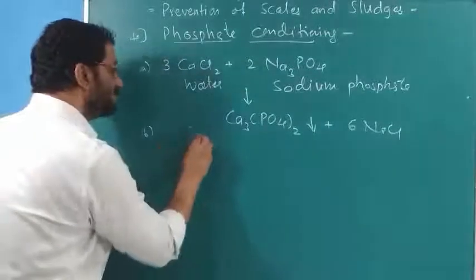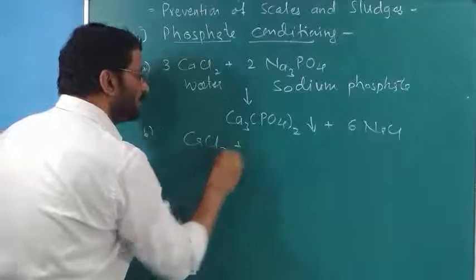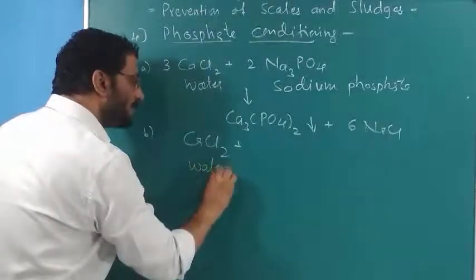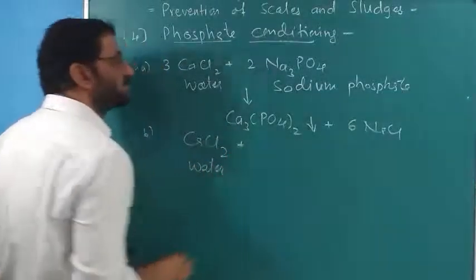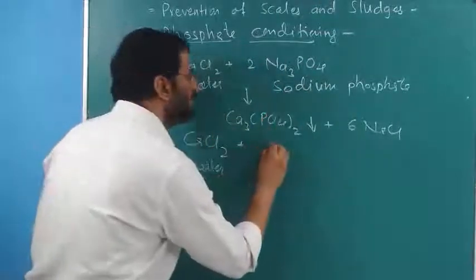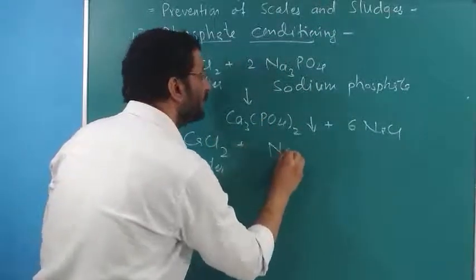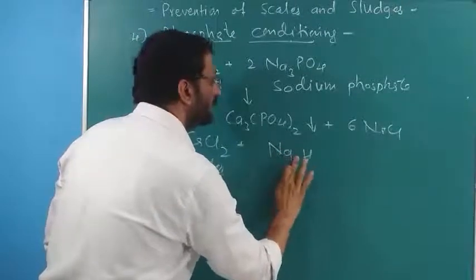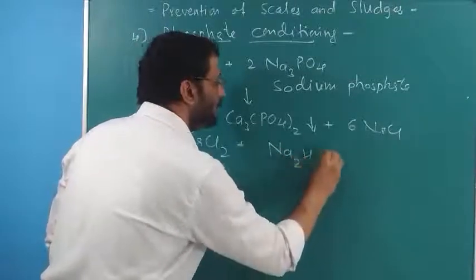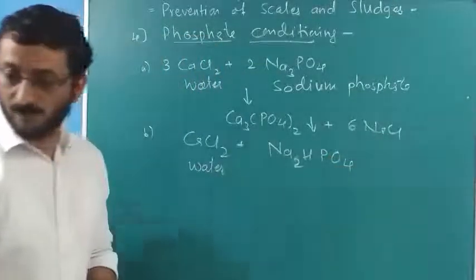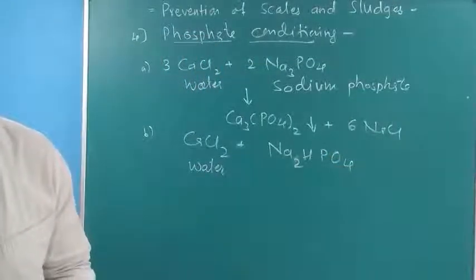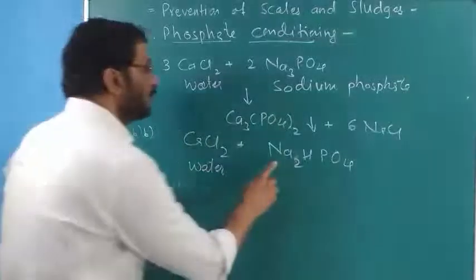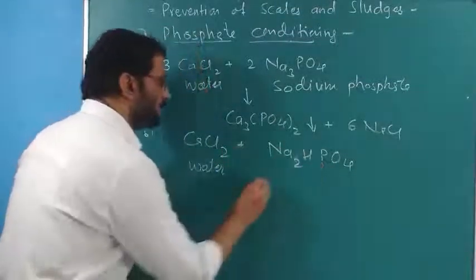Second reaction: CaCl2, which is there in the boiler feed water. Now we are adding orthophosphate, but not sodium phosphate. We will be adding Na2HPO4, that is sodium hydrogen phosphate.